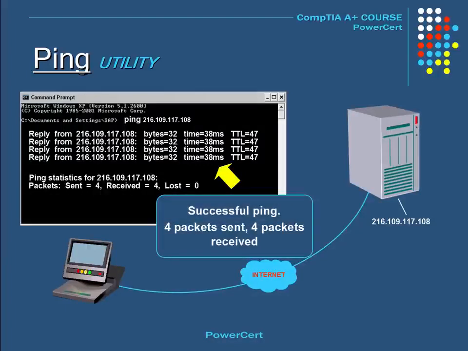For example, if we received a reply, then that means that there is general network connectivity between us and the destination. But if we did not get a reply, then it could mean that there is no network connectivity between us.